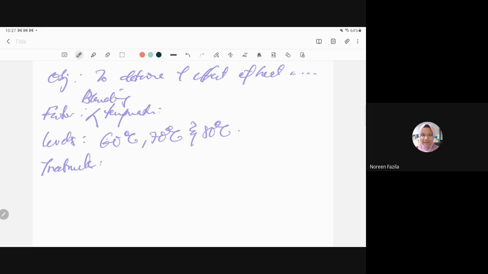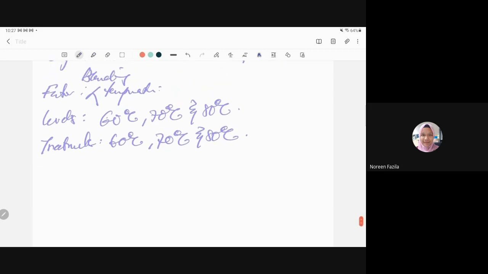So the treatments are, of course, 60 degrees C, 70 degrees C, and 80 degrees C. And when we have blanched the bananas, we want to measure the texture. So the texture is the response. That is the texture analysis, maybe, for example, a compression test, etc.